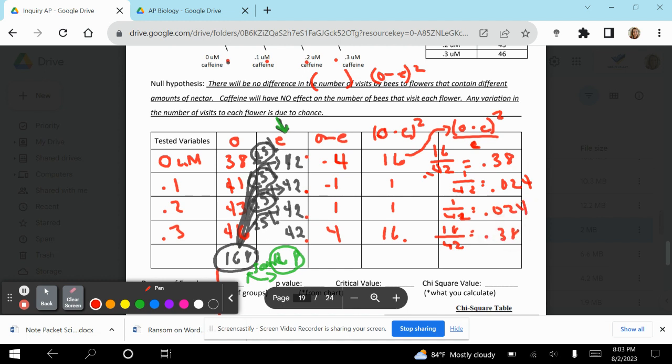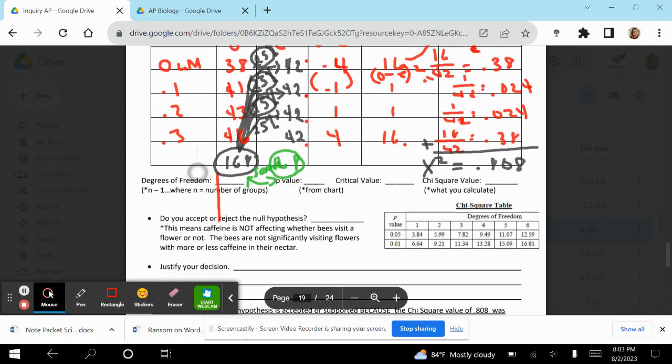Again, just to help me remember what I'm supposed to do here, if I have one of these problems on the test, I like to put my addition sign there and my equal sign. When I add those up, this symbol means chi-square. My chi-square value that I get is 0.808. Now we have to remember what we're supposed to do with that statistic.